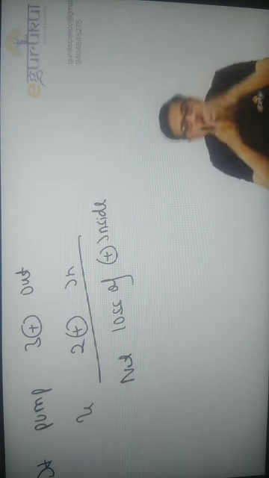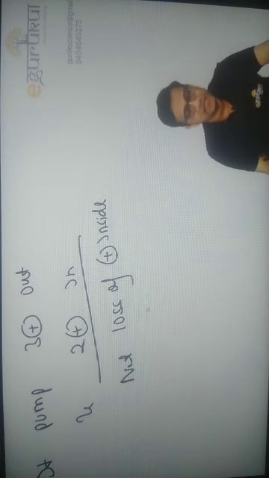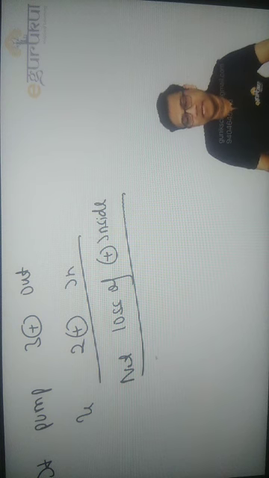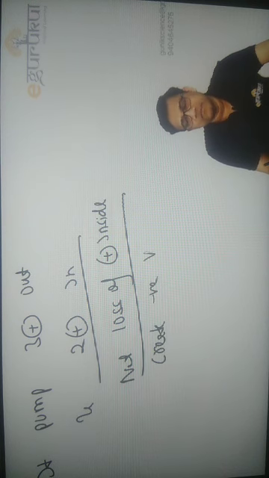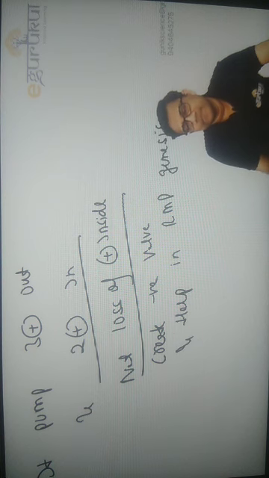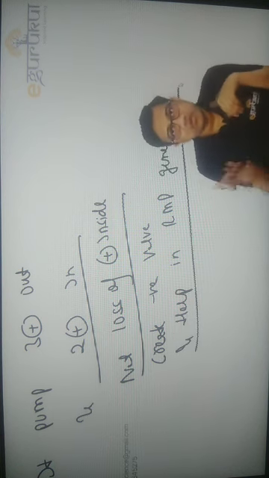So there is a net loss of positive charge inside the cell. If there is a net loss of positive charge inside, it creates a negative potential and helps in RMP genesis. So it creates an effect directly and also via potassium.